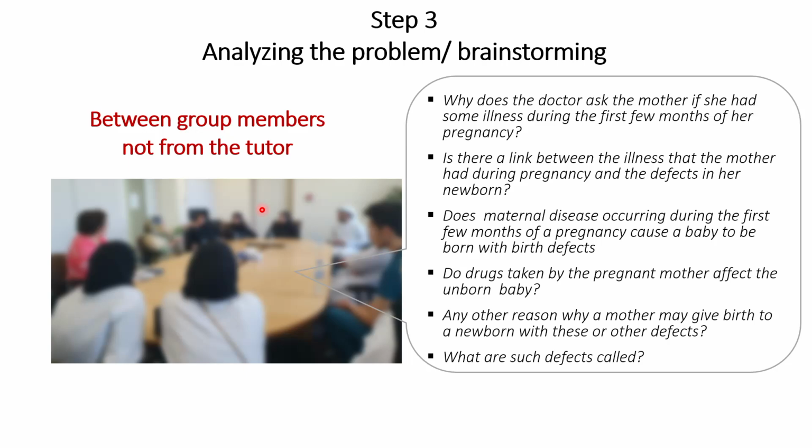So maybe, why does the doctor ask the mother if she had some illness during the first few months? Is there any relation between this illness and the problems? What are the medications that could cause these problems? Is it allergy? What are such defects called?